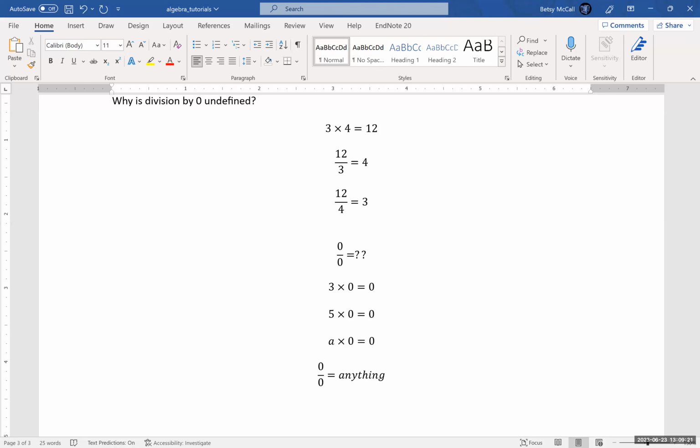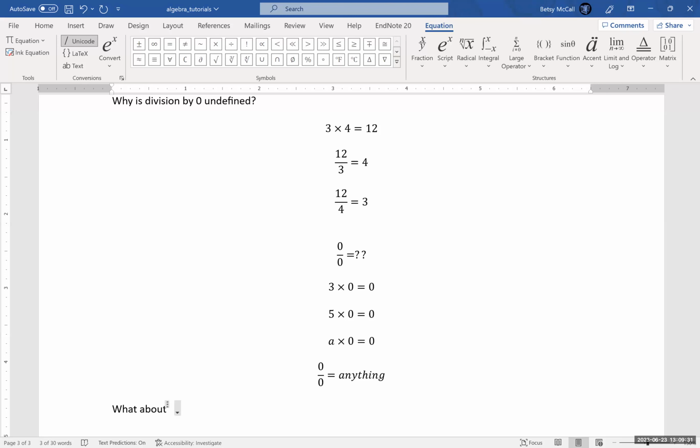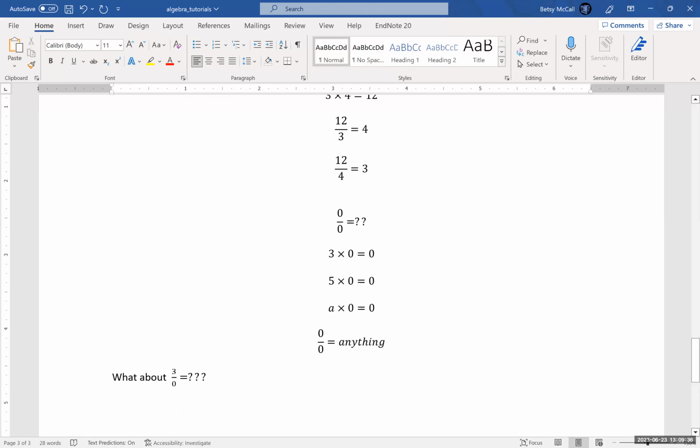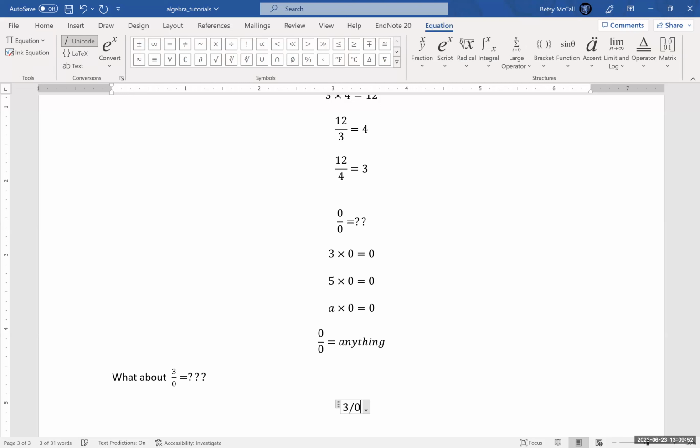Now, what about any other number divided by 0? Let's say 3 divided by 0. What does that equal? Well, let's think about this in terms of our multiplication problem. Suppose we claim that 3 divided by 0 is equal to some number.